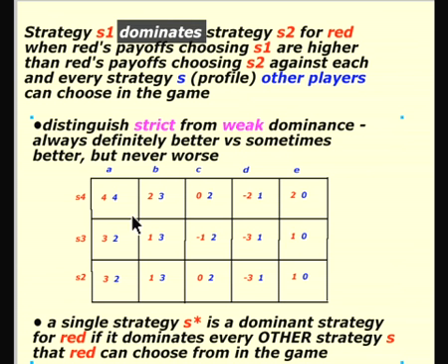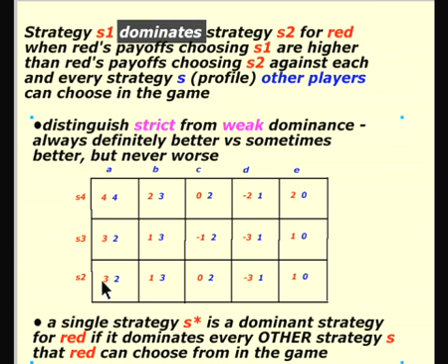So notice S4 for the red player has a 4, that's pretty good, has a 2, has a 0, has a loss, has a 2. The payoffs are all over the place, but the payoffs for S3 are also all over the place. And for every one of the places you could be, S4 is better for the red player than S3. So that's what we mean by S4 strictly dominating S3.